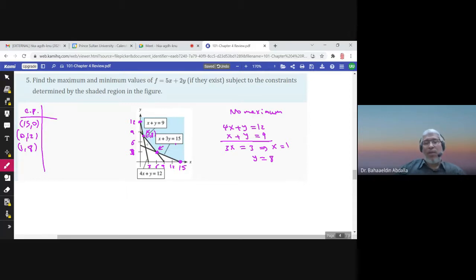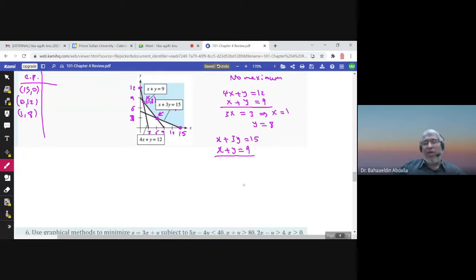And this one is the intersection between this line, which has equation x plus y equals 9, and this line, which has equation x plus 3y equals 15.